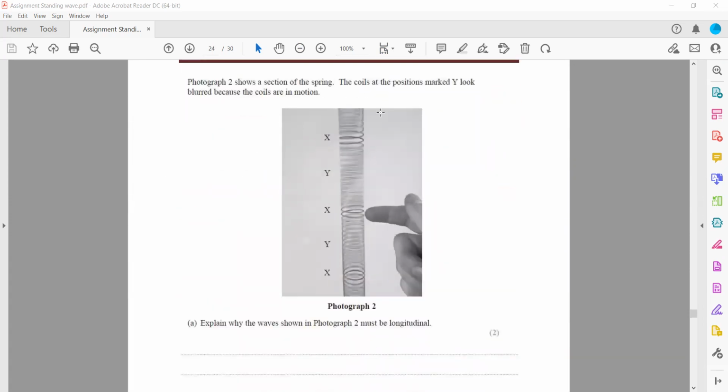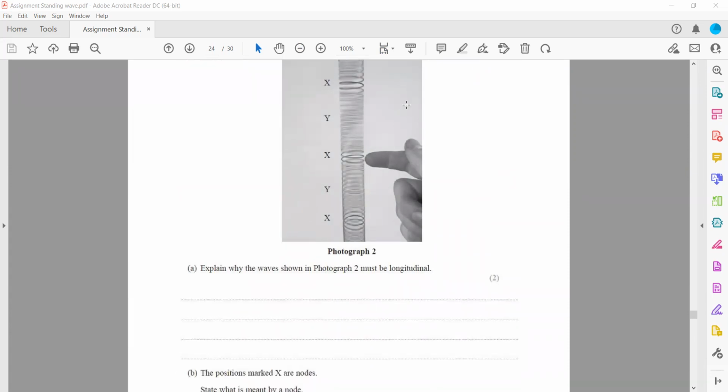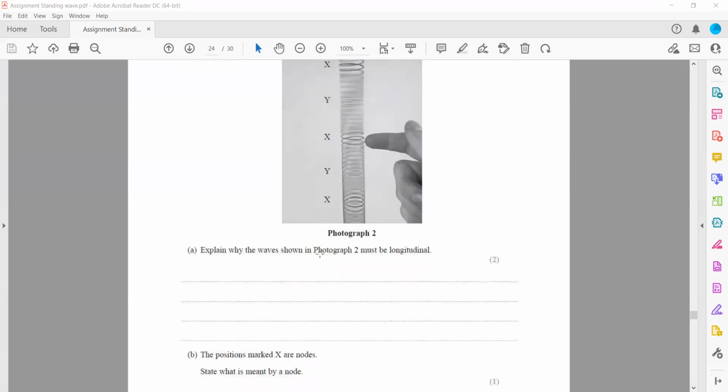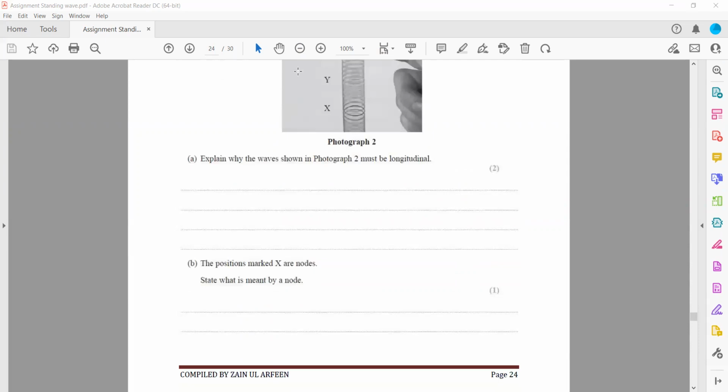Photograph 2 shows a section of a spring. The coils at position Y look blurred because the coils are in motion. Why must the wave in photograph 2 be longitudinal? What is the meaning of a longitudinal wave? Definition: the particles vibrate parallel to the direction of the wave.